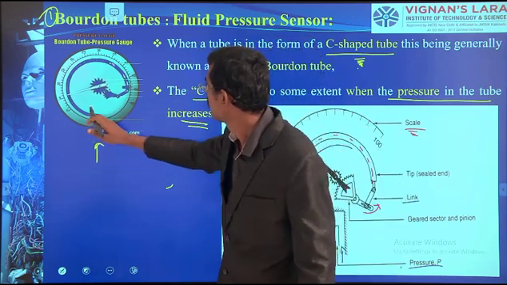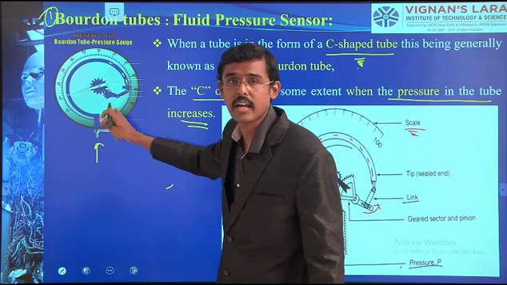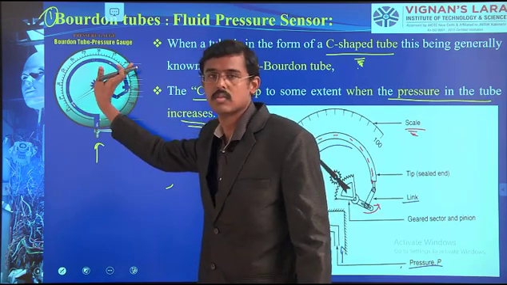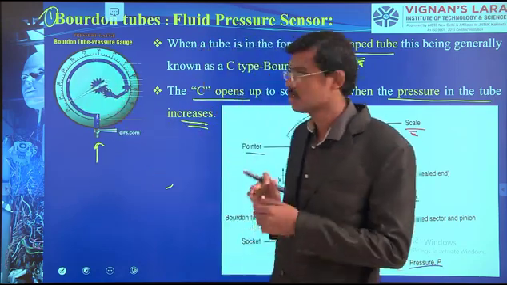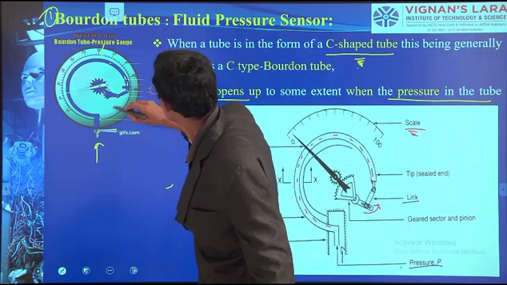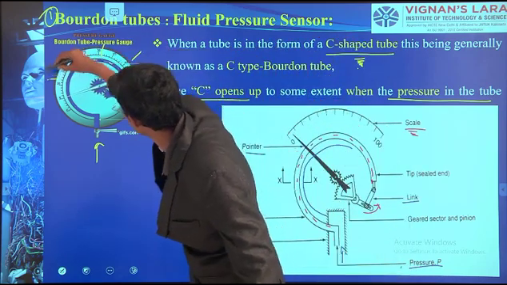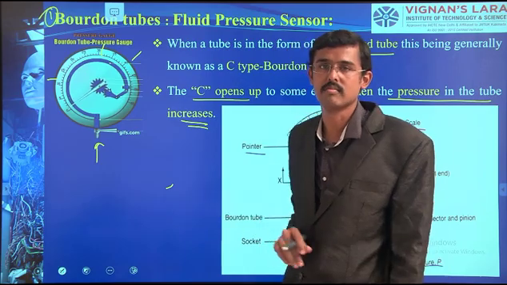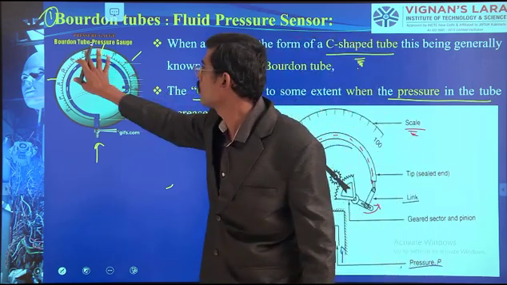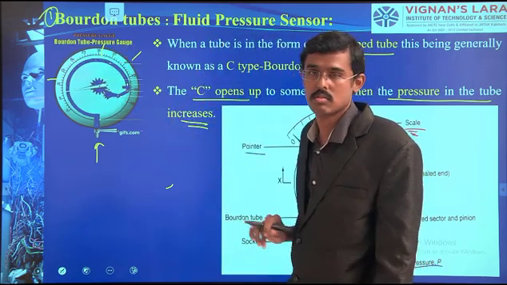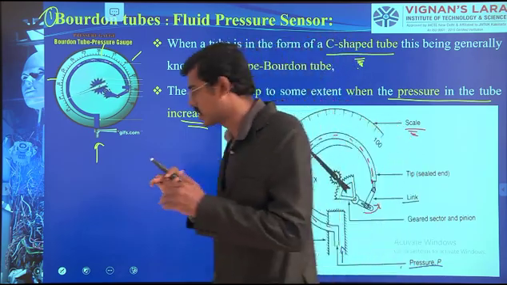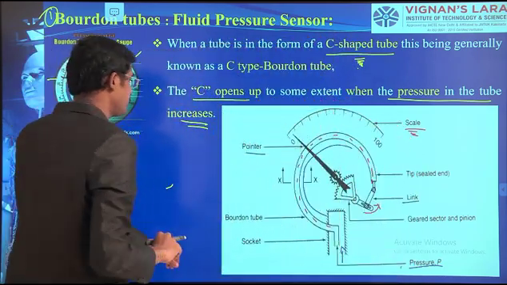It goes inside. With respect to that, the link mechanism connected, the pointer moves up and down. So maybe 30 bar, maybe 40 bar, maybe 10 bar, whatever it is, we are identifying it. A Bourdon tube pressure gauge, we are using this. A simple mechanism to measure the pressure.